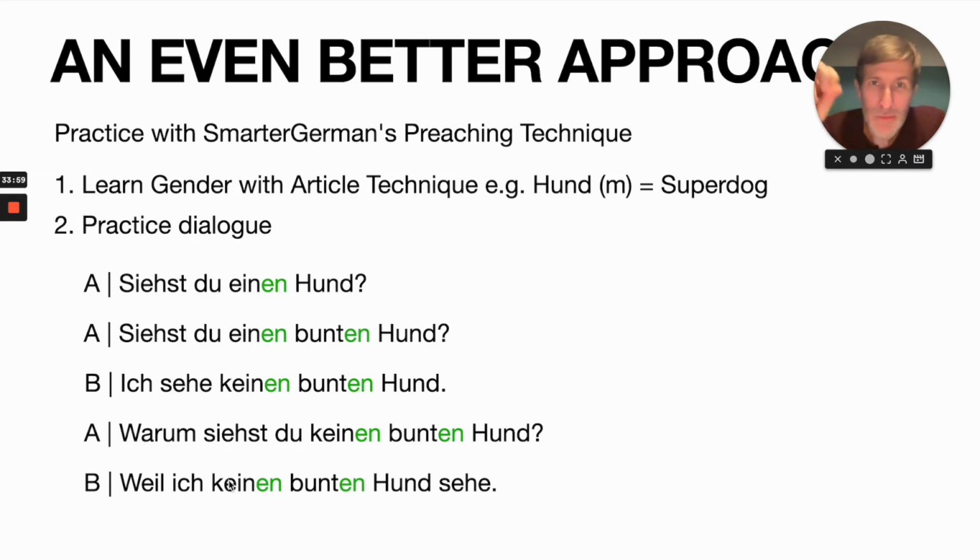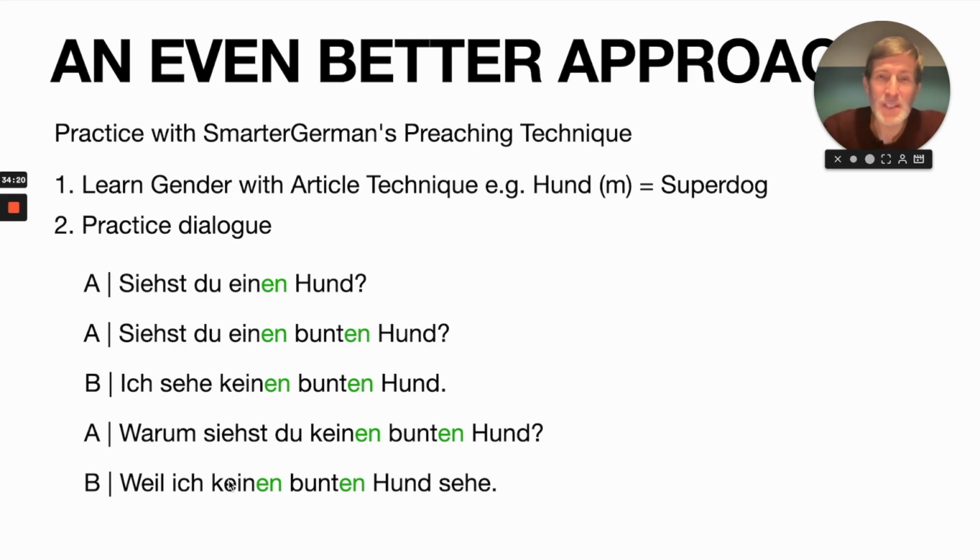Because the problem with any rule, no matter how sweet they are, is that you can never apply a rule when you speak fluently. Look at me, I'm speaking fluent English, right? So I haven't applied a single rule consciously. I've learned to speak this way, and I do the same in German. I'm not applying any rules when I use adjectives in German.